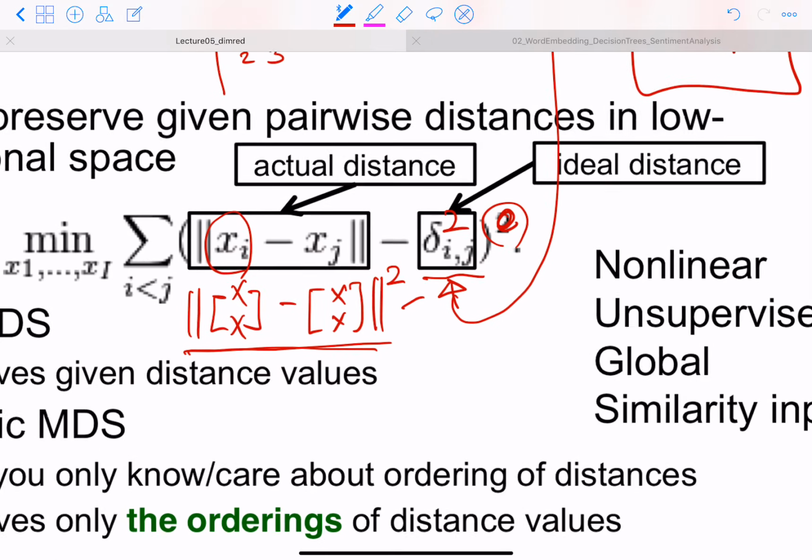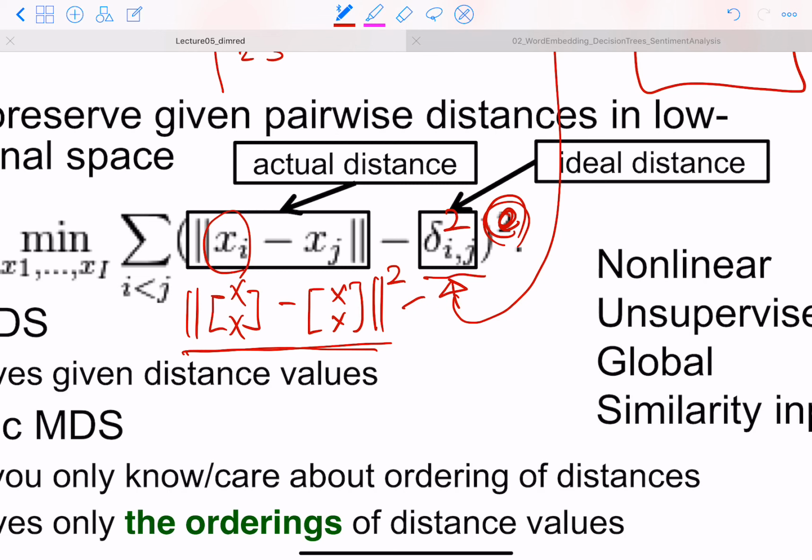So, yeah, I was wrong. Instead of removing this, we need maybe an absolute value, because that is our loss value, the difference. There are many different forms, but let's imagine the squared difference between the low dimensional distance squared and the high dimensional distance squared.